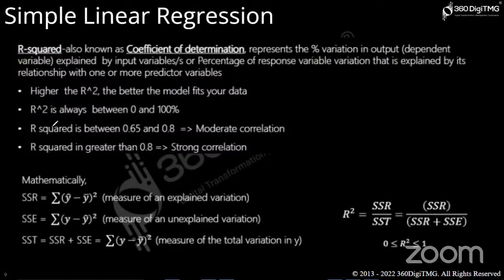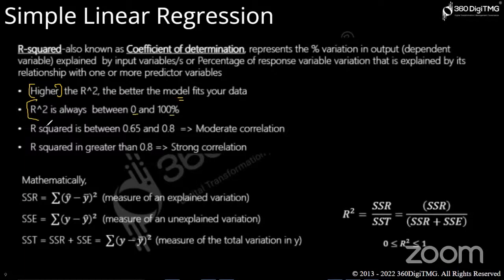If I have a higher R squared, I can say that the model is better. The higher the R squared value, the better the model fits your data. R squared will be between 0 and 100 percent.